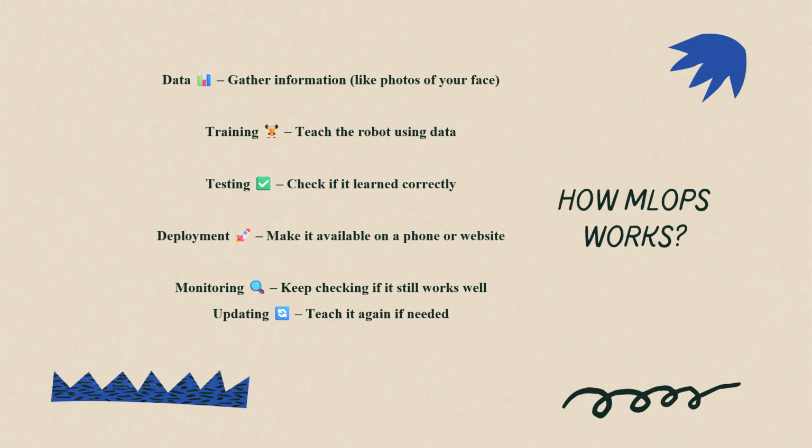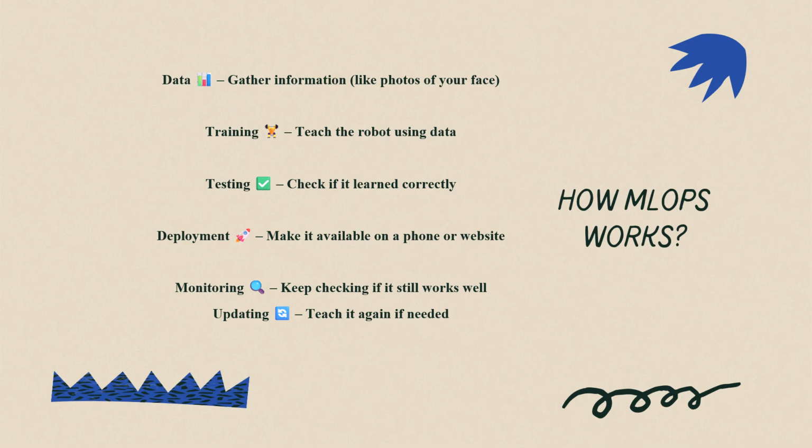And after training it, we should test it whether it has learned correctly or not. So how do you test? By checking it. If you feed any new photo, it has to predict whether the face is happy, sad, or sleepy. So that is what we call testing.